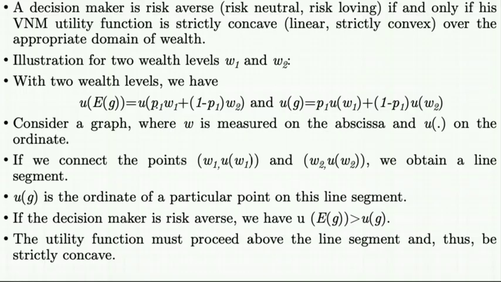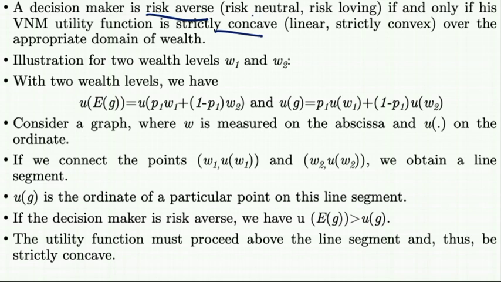Before we proceed to graphing, let's look at this note. Here we can see that a consumer or decision maker is a risk averse person, number 1, if and only if his von Neumann utility function, or his expected utility function, is strictly concave.